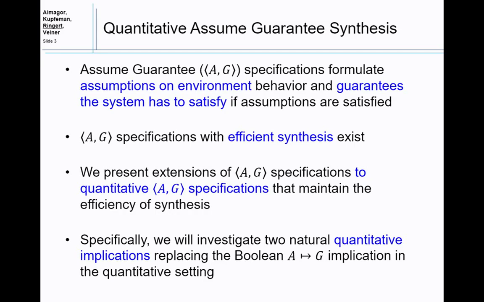And what we want to do is extend these assume guarantee specifications with quantitative information and then maintain the efficiency of the existing solutions. For this, we will specifically investigate two different ways to handle the Boolean implication, which we will then replace with different quantitative implications in our quantitative setting.